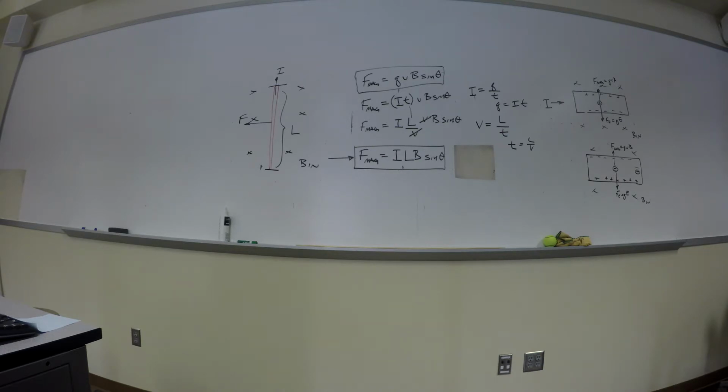If I switch the direction of the current, wait for me to do that, I'm just going to switch these two rows. So now my current is coming out like this, now it's going down. And so you can check it out. Turn on current and check.